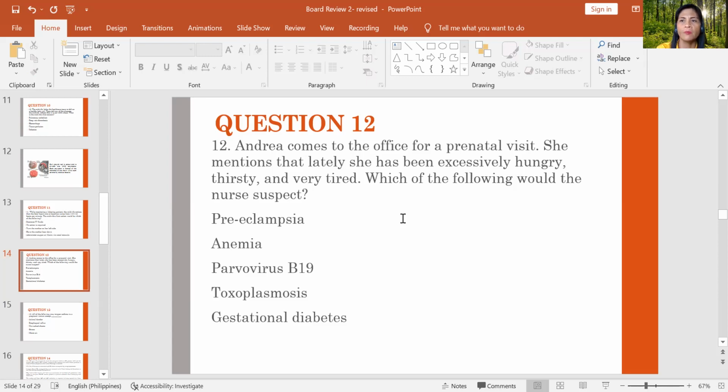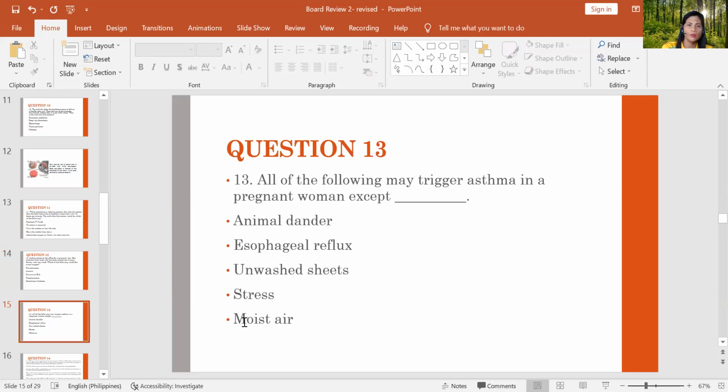So anemia and parvovirus B19 are unlikely to cause all three of these symptoms occurring together. So wala silang pakialam doon sa lumabas na signs na hungry, thirsty, and very tired. So ang tamang sagot ay gestational diabetes. Let's move on now to question number 13.